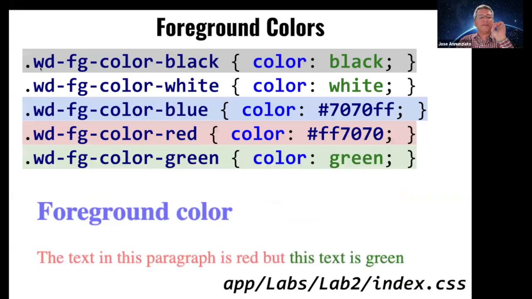But then notice the naming starts with WD. WD is a token that I've chosen, which in my case means web dev, and I'm following this naming convention for my own purposes. I am prepending all my classes, they're all going to start with WD.